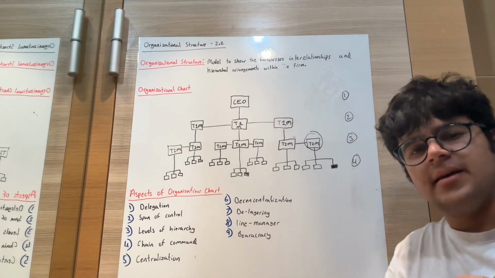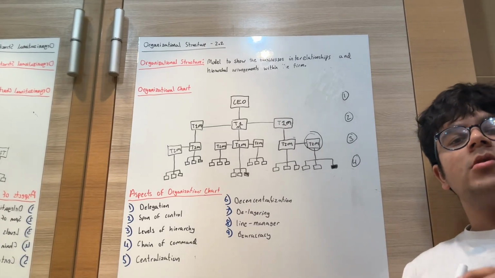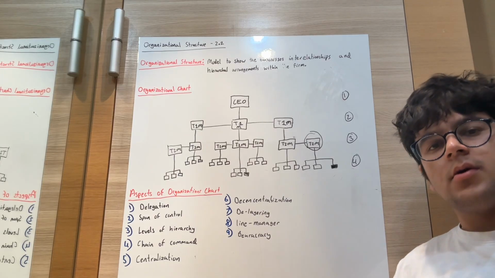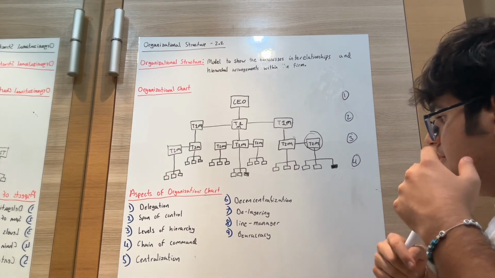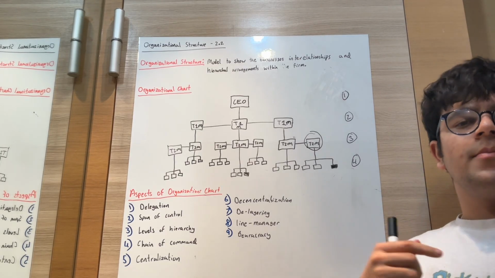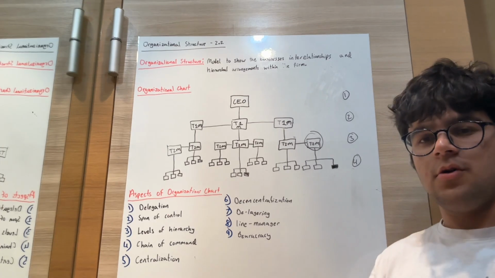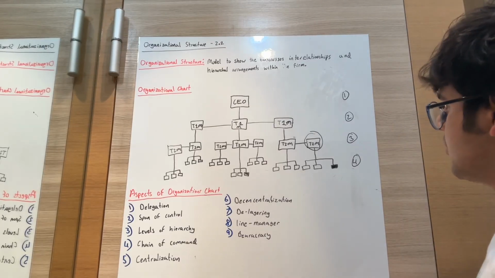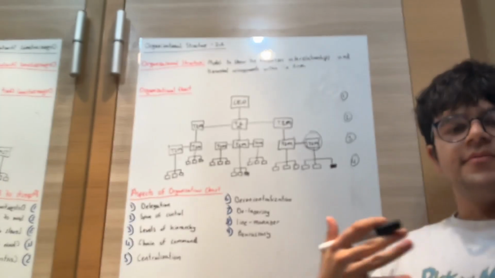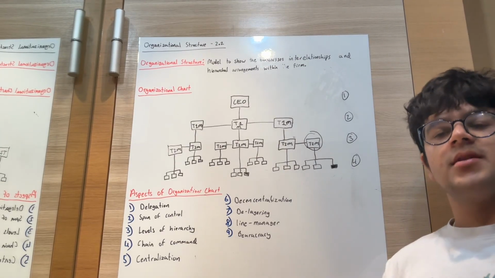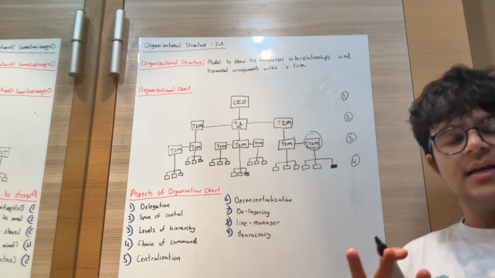And lastly, we have bureaucracy. When we talk about bureaucracy, it is paperwork, okay? So it is the administration processes and operations a business needs to undergo in order to improve efficiency and supplement their processes and communication.